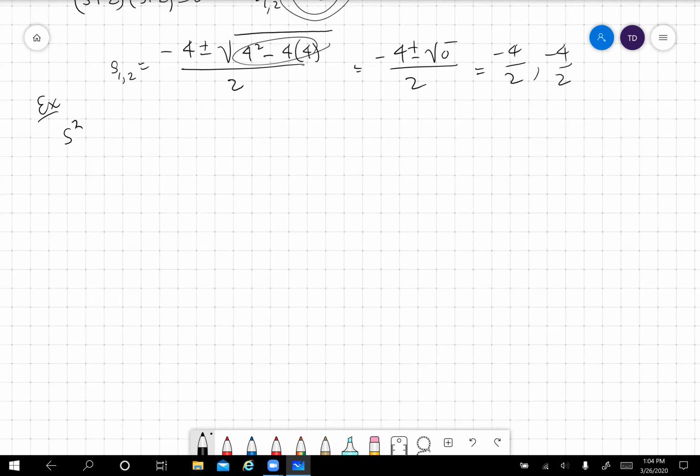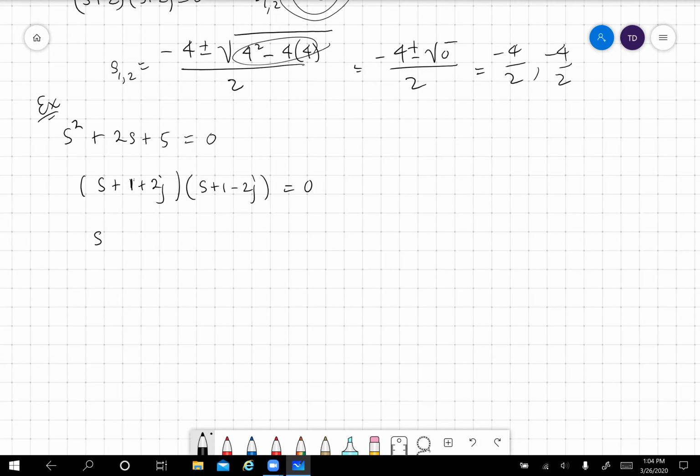Then the not so nice ones, the complex conjugates. So in this example, s squared plus 2s plus 5 is equal to 0. Some of you might be really good at factoring. I'm pretty good at it, and I know the following. This can be factored into s plus 1 plus 2j times s plus 1 minus 2j is equal to 0.